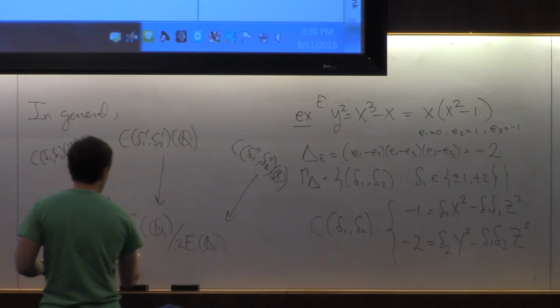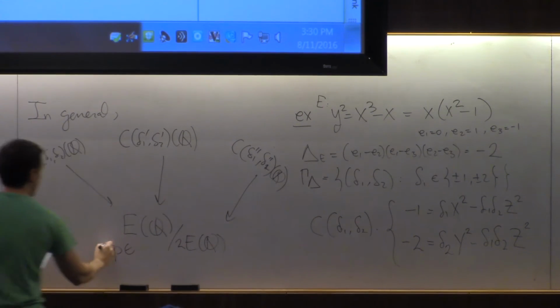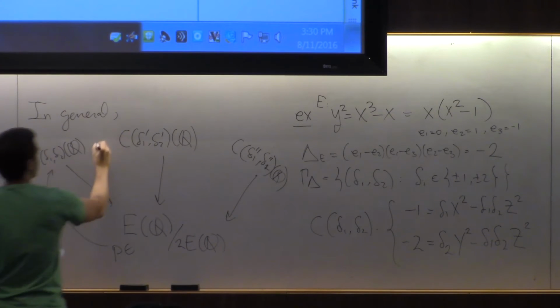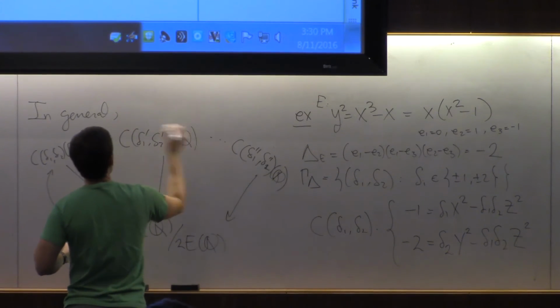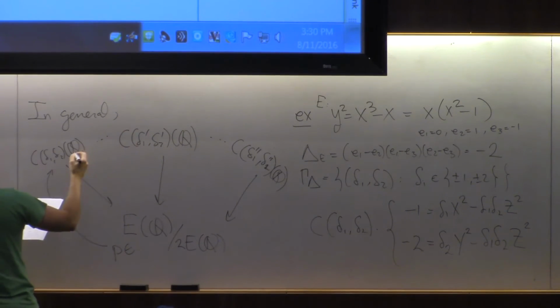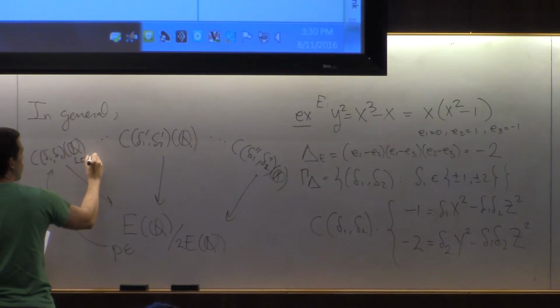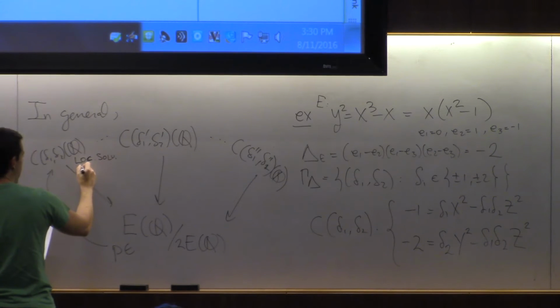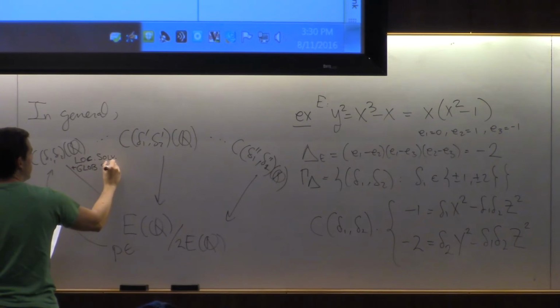And if there is a point, I know that it lands in one of them, right? So the homogeneous spaces can come in three flavors. They can come in the kind that are locally solvable and globally solvable.